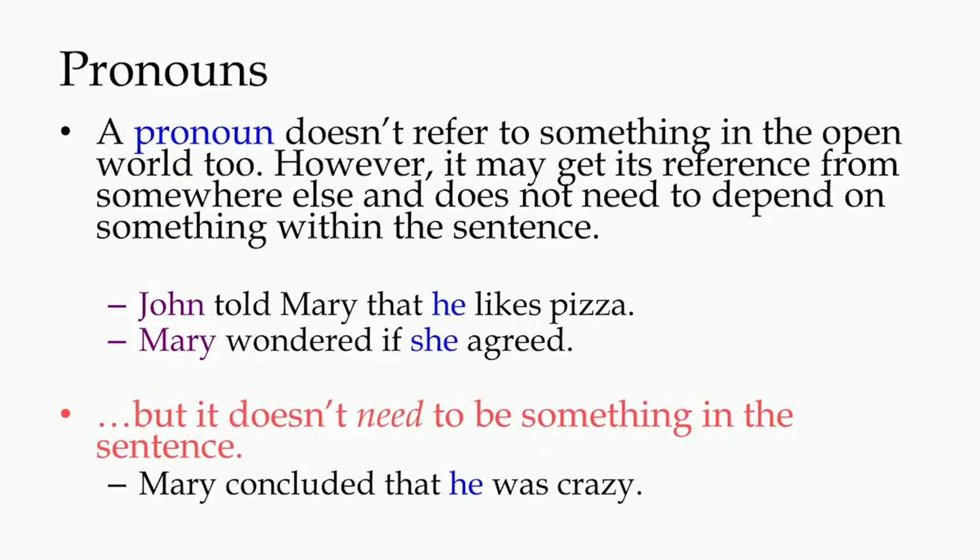Pronouns may find their interpretation within the sentence, however, at times they have to find their interpretations outside the sentence as well. However, R-expressions always find their interpretations in the real world, that is, outside the domain of the sentence.